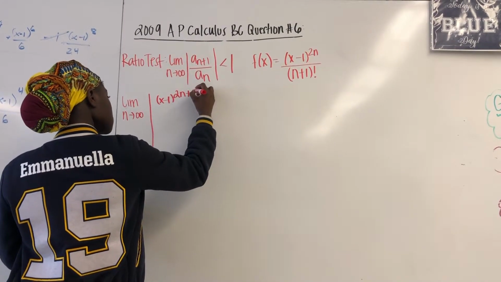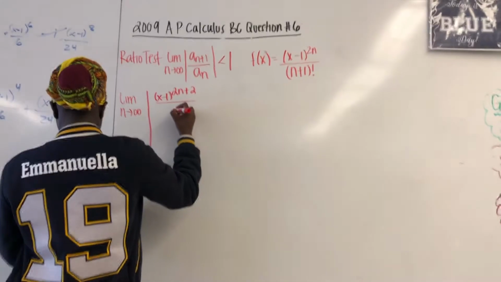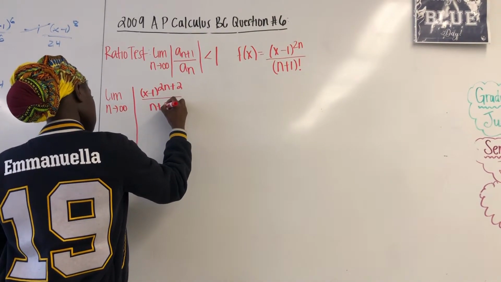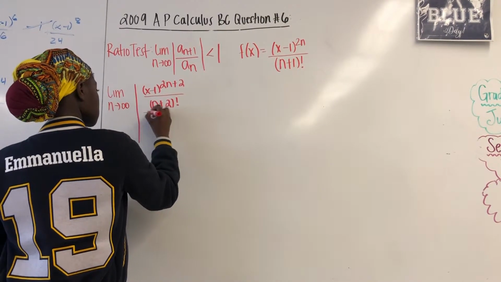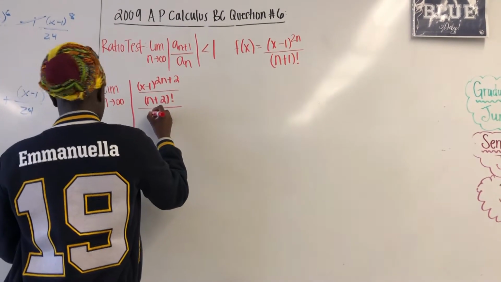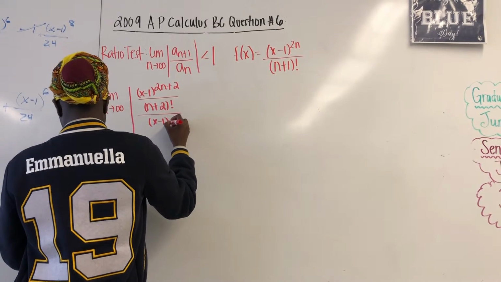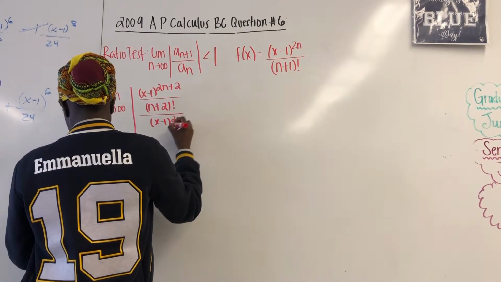So using the general term from Part B, which is (x minus 1) to the 2n power over (n plus 1) factorial, you would put it into the equation. So it would look like this.